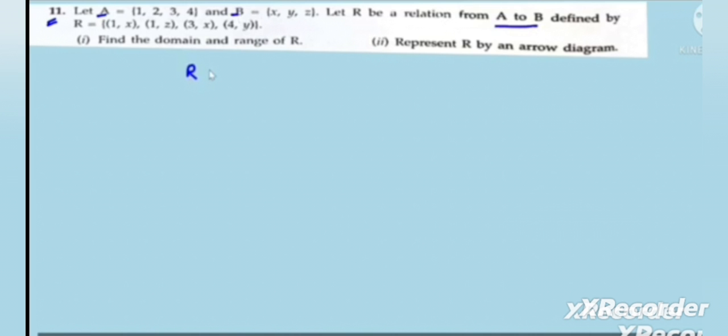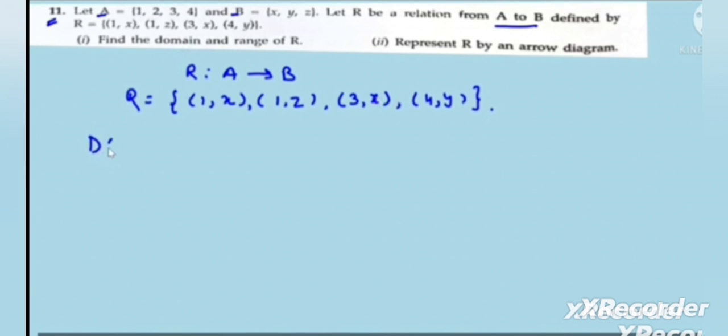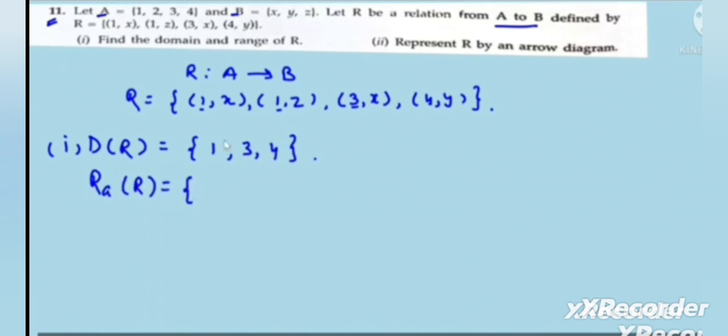Repeated values will not be accepted. We are going to take 1 comma 3 comma 4. Now the domain of R, as I said, is 1, 3 and 4. Then the range of R will be X, Y, Z, or you may write X, Z, Y.